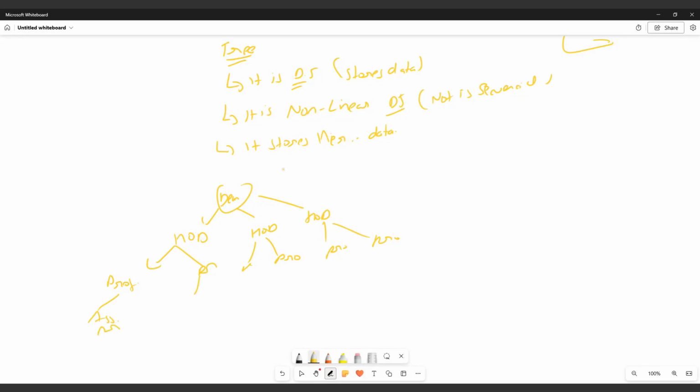Let's say it is some type of hierarchy. On the top of the hierarchy we have the dean, then HODs, then professors, then assistant professors, and then there are the students.